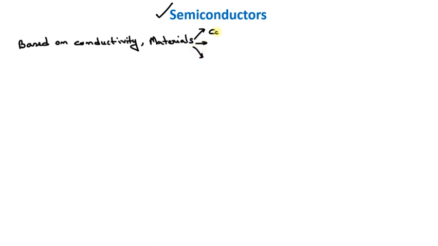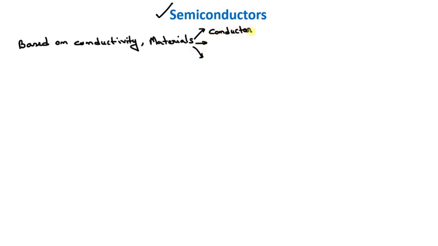Okay, let us now discuss semiconductors. Based on electrical conductivity, materials can be divided into three categories. You know that, right? At least you know two of them.